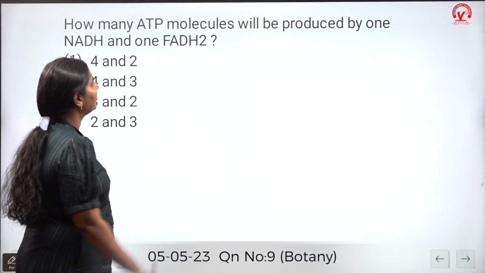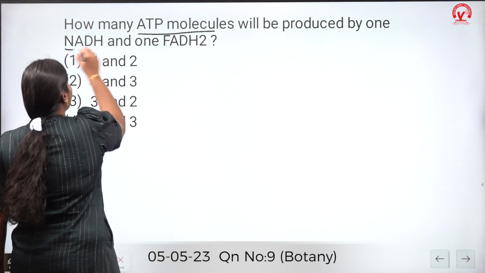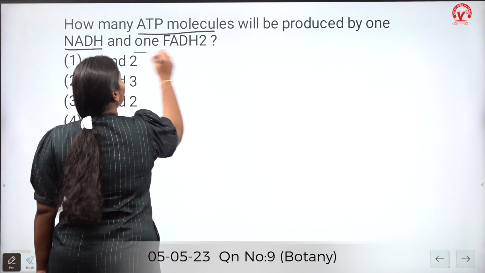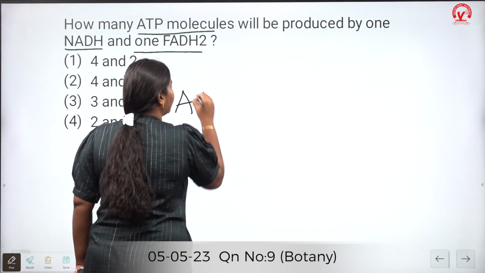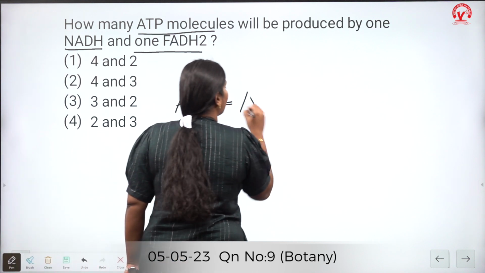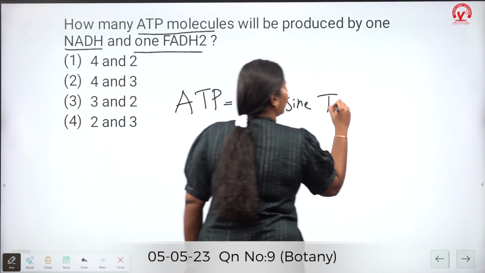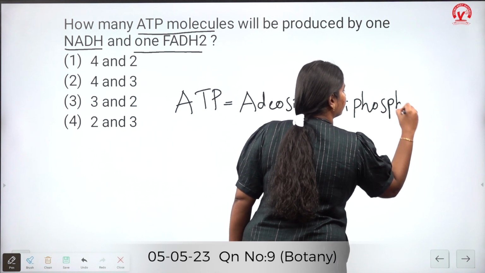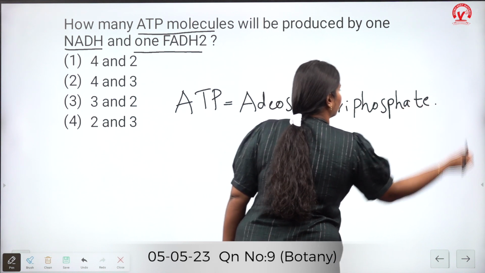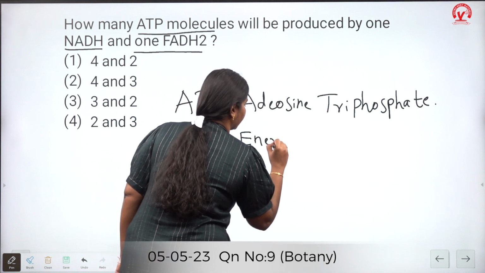How many ATP molecules will be produced by 1 NADH and 1 FADH2? Usually this ATP is called adenosine triphosphate, which is the energy currency of the cell.